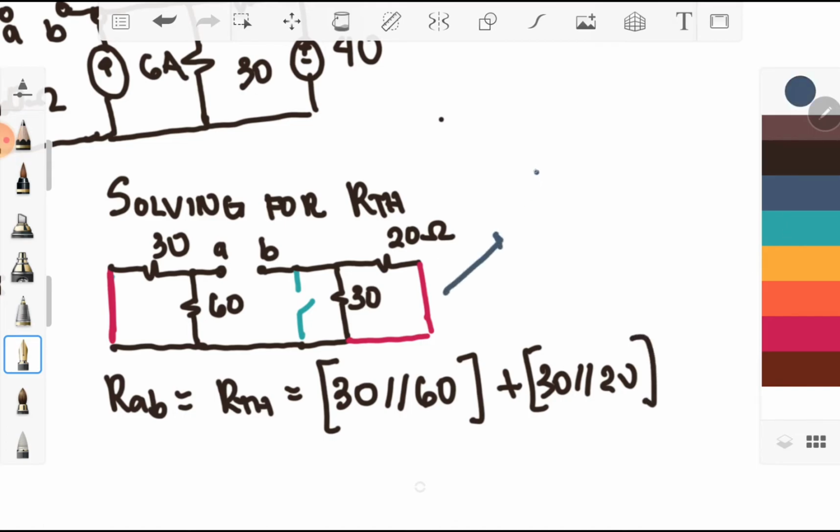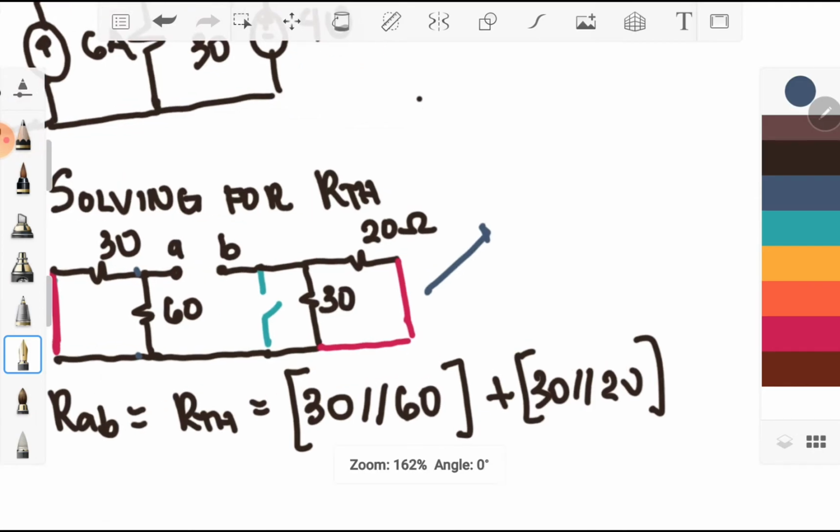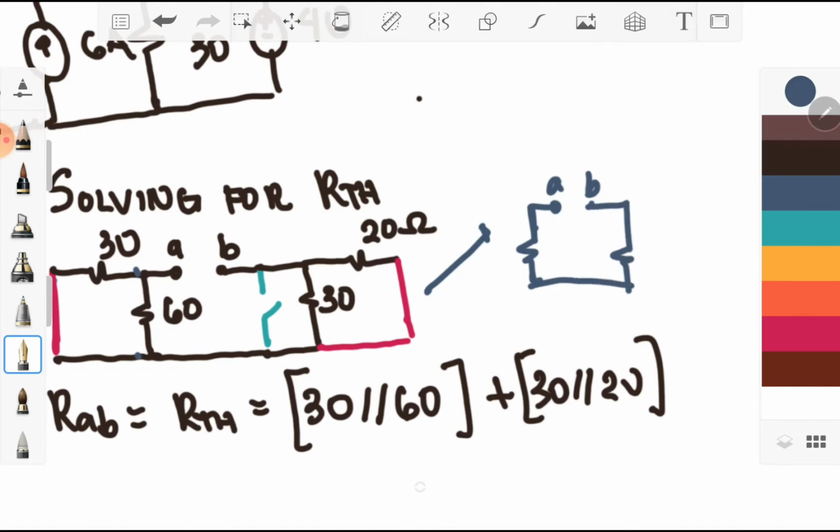Since these two nodes are interconnected with each other, I may say that they are in parallel, and your 20 and 30 is in parallel also. So therefore we will have a combination of this one. Okay, this is your AB.